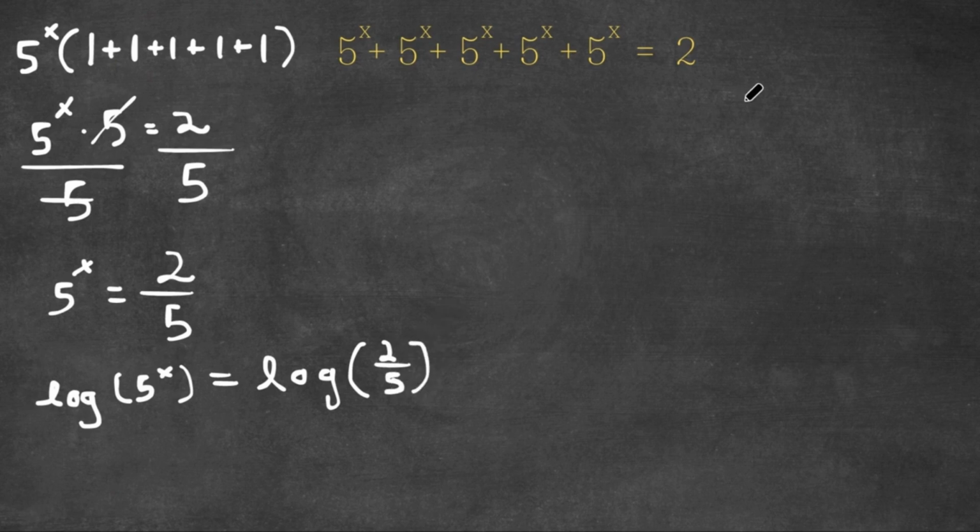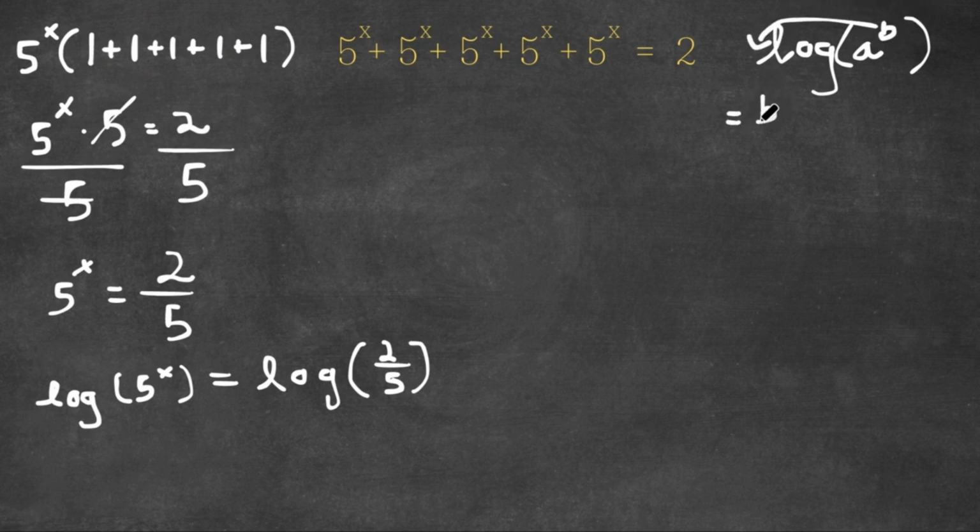Now, an important property of logarithms is that if we have something in the form log a to the power of b, the power property of logarithms states that we can actually move this exponent b to the front of the logarithm. So this would equal b times log a.